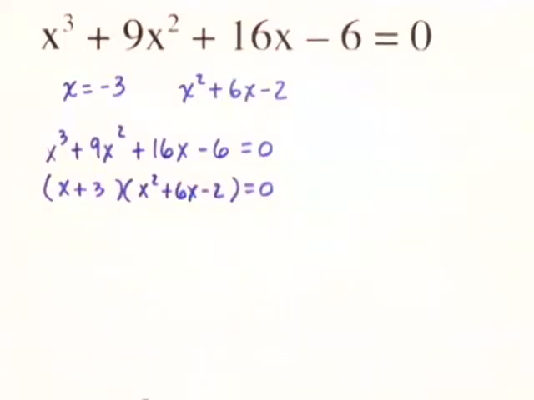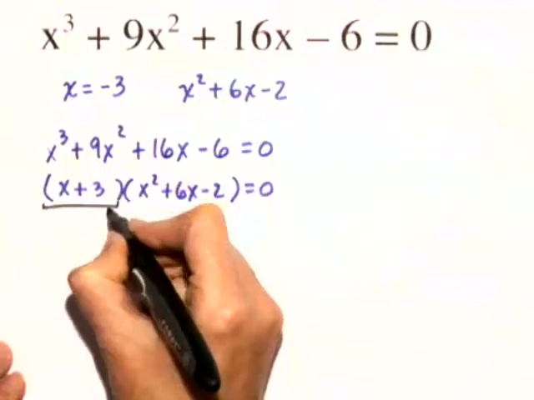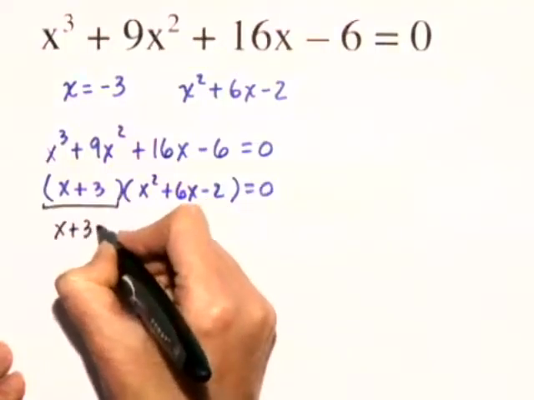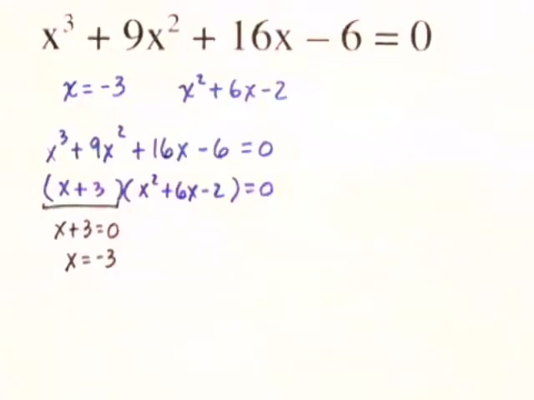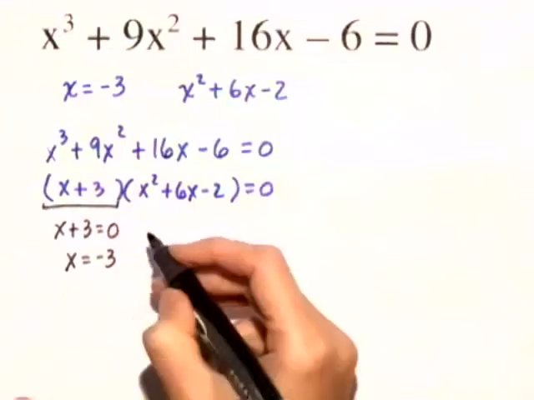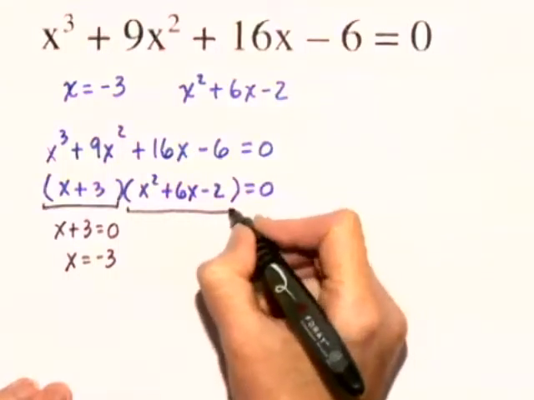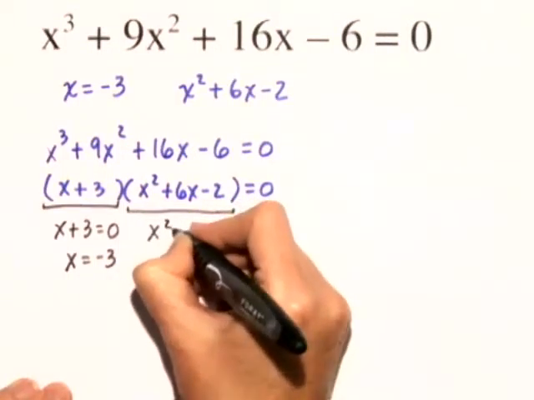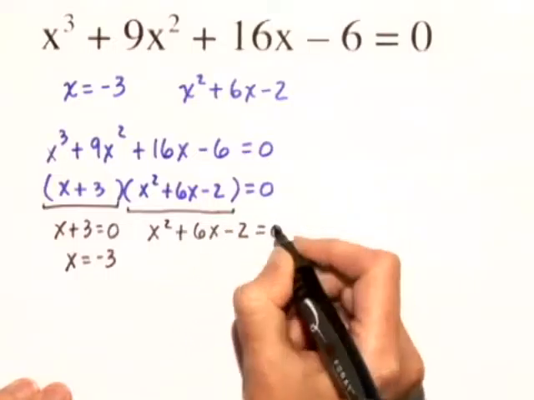We already know that x equals negative 3 is a root. We got that by setting x plus 3 equal to 0. The other two roots we can get by setting the quadratic equal to 0: x squared plus 6x minus 2 equals 0.